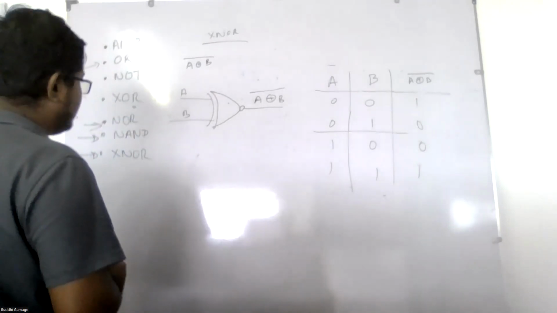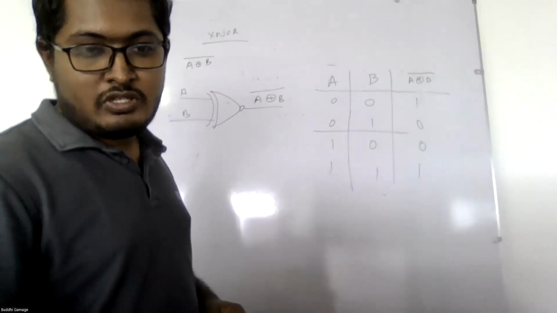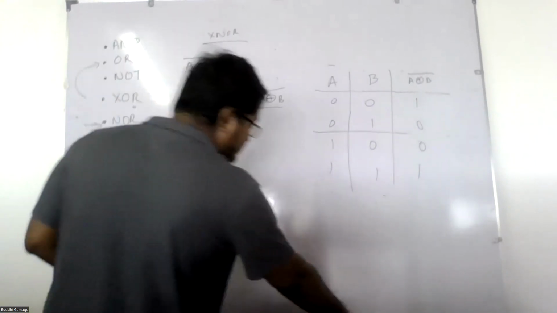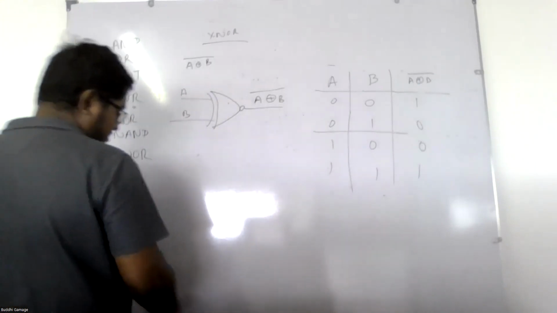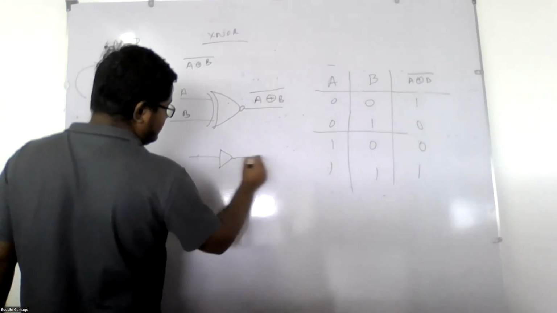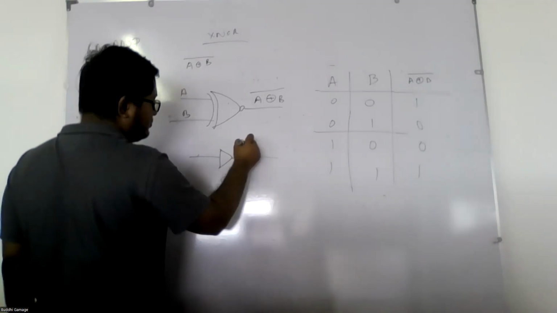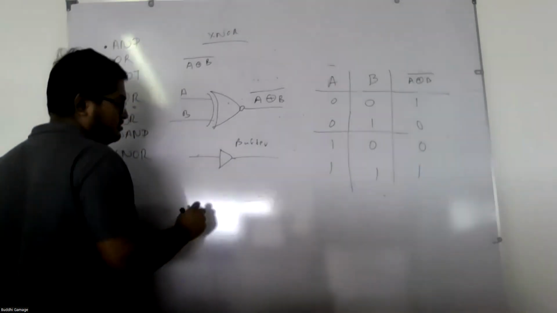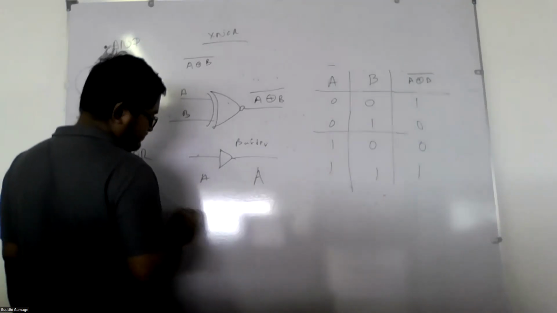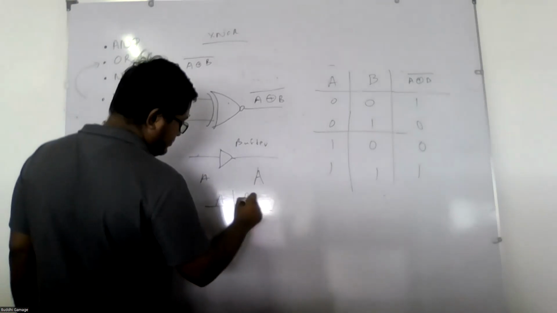And now one simple thing. There is another symbol, as I told you, with the current direction. This is the buffer. For input A, the output is also A, so it is the same output.